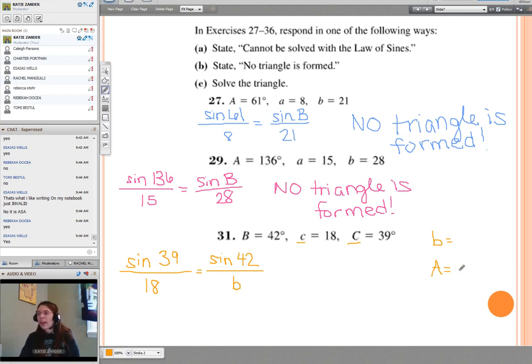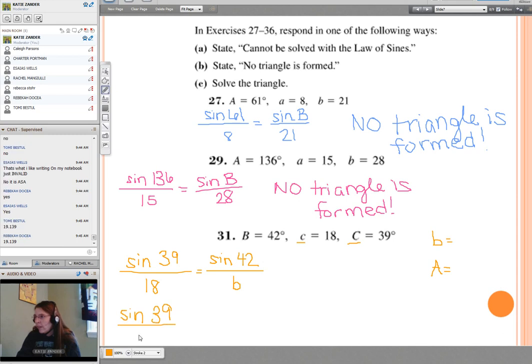What are we going to get there for side B? 19.139.